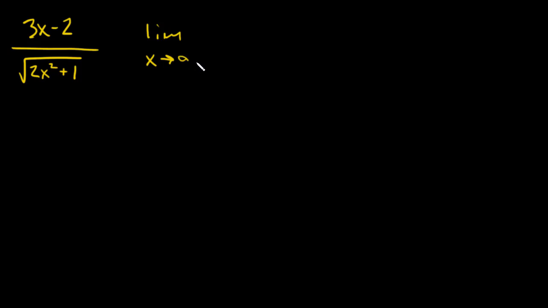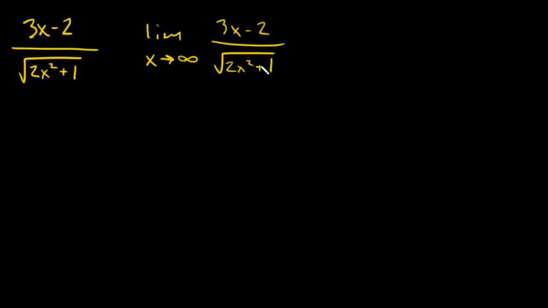So the original was 3x minus 2 over root 2x squared plus 1. Okay? So I wanted to find the horizontal asymptotes using the limit. So I'm going to do the limit as x approaches positive infinity of 3x minus 2 over root 2x squared plus 1.